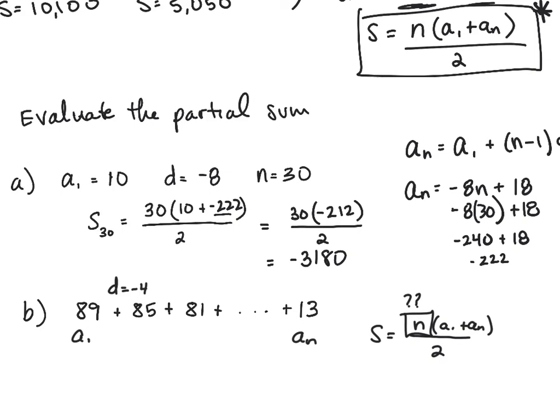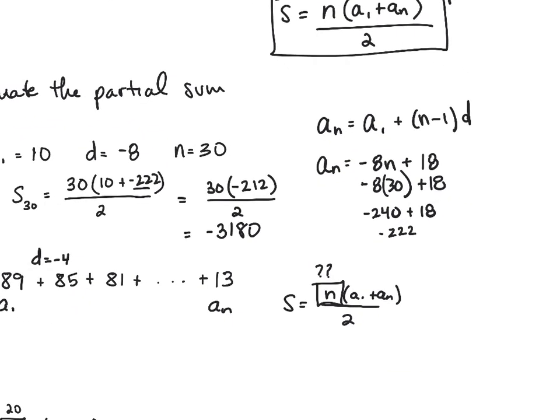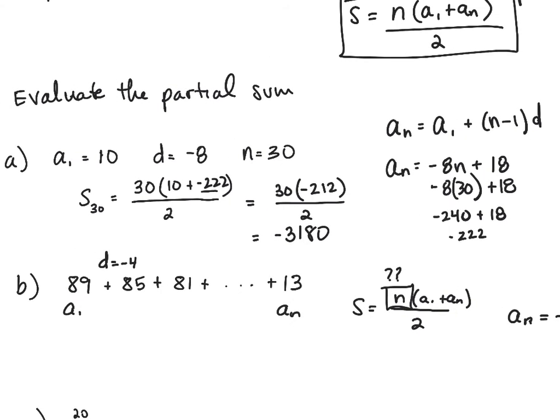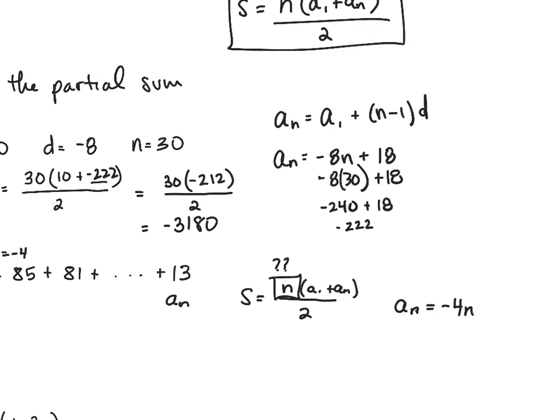So yet again, it would be helpful to consider the nth term formula for this sequence. So we know that the common difference is negative 4. And if there was a term in front of this first term here, it would be 93. So there's our nth term.